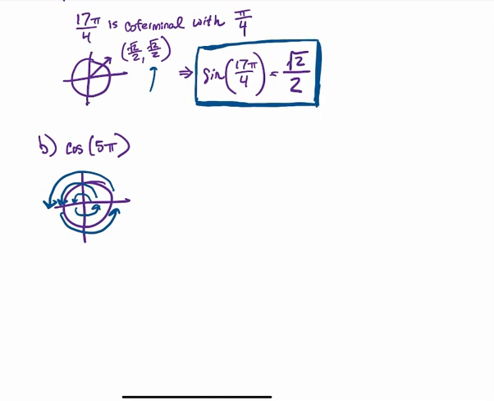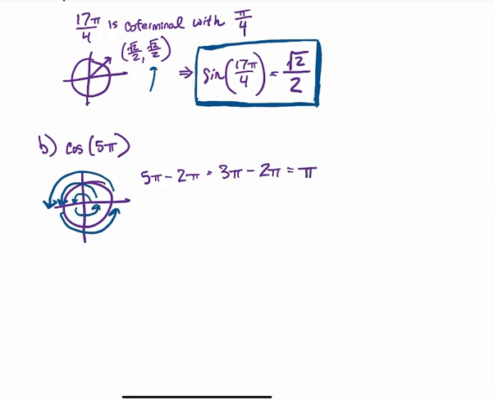We should be coterminal with pi. But we could also just subtract 2 pi until we get something within one trip around the unit circle. We could say 5 pi minus 2 pi is 3 pi, still beyond one trip around the unit circle. So let's subtract another 2 pi, and we would get pi.